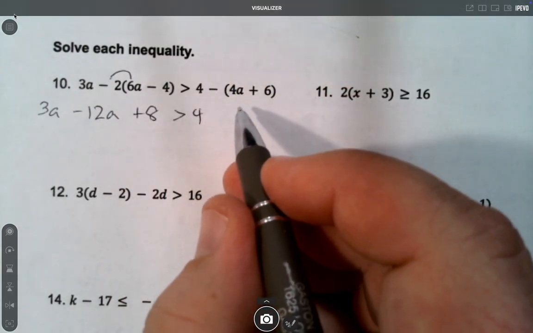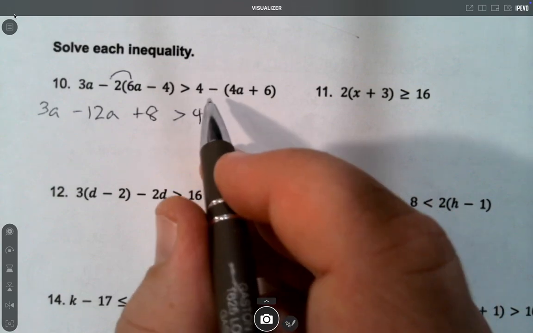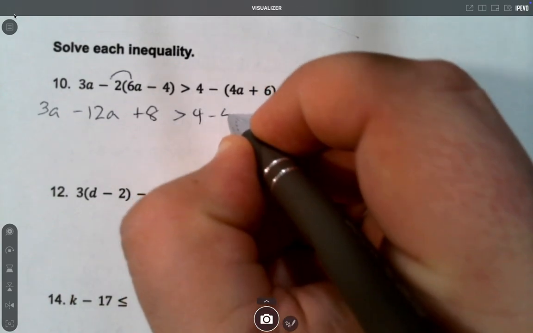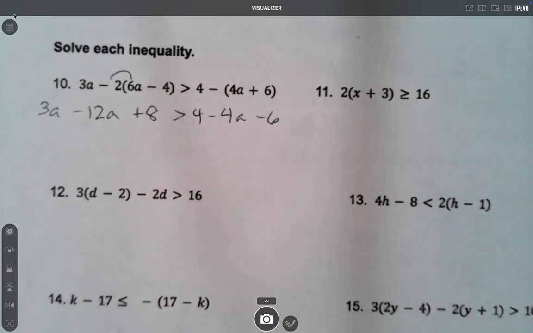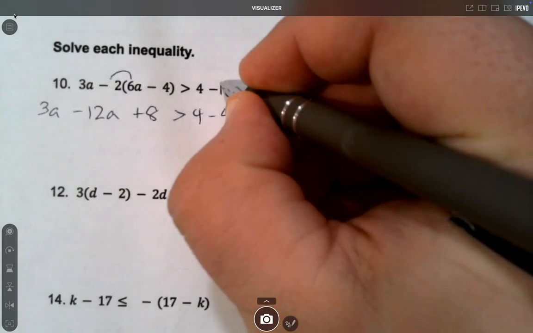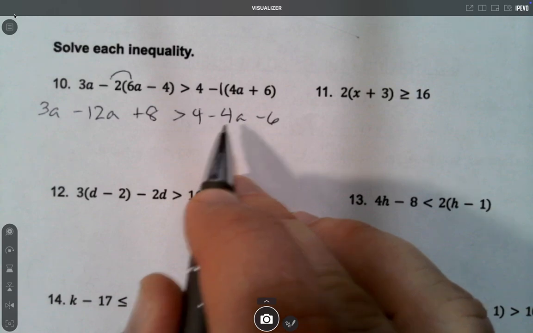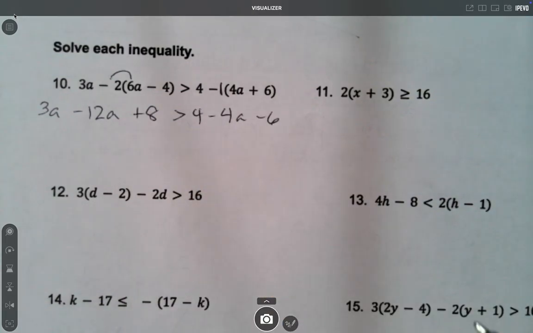And here, you may not think of it as distributing, but we need to make sure this subtraction applies to both of these. So we have to write it as -4a minus 6. Now, one way you could think about it is distributing is you could think of this as an understood 1 in front. So it's like they're being multiplied by -1, which changes both of their signs.